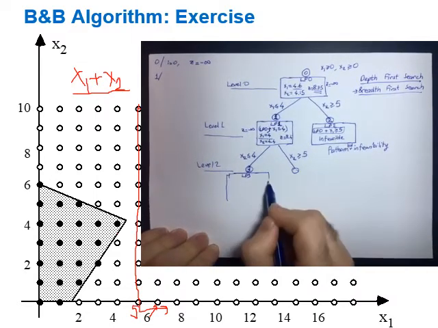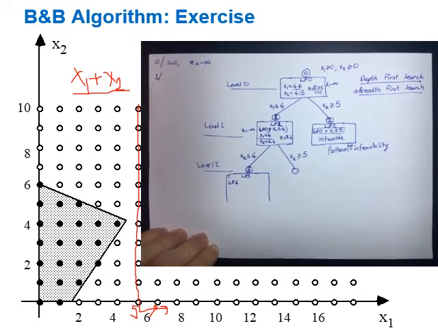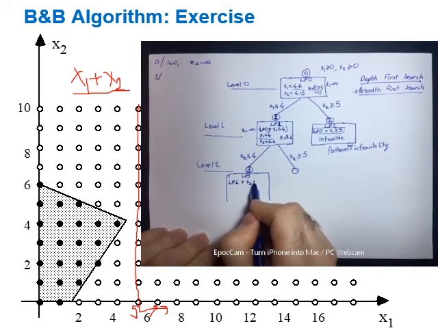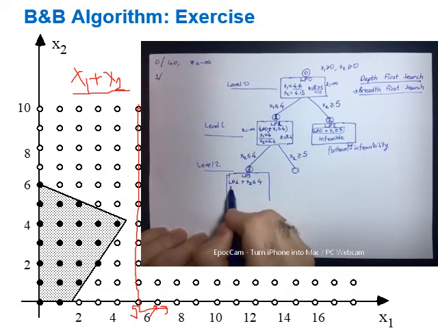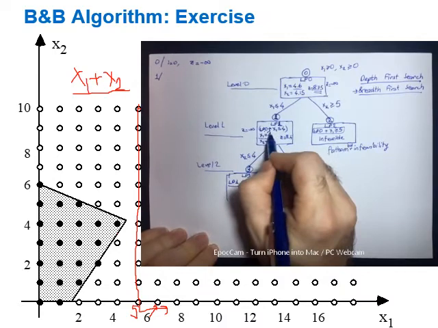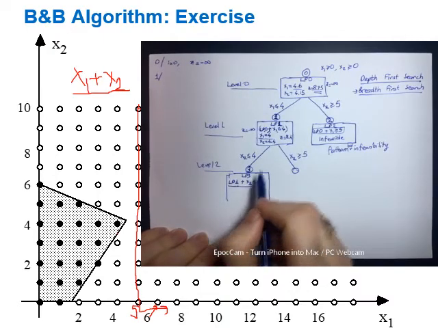And in LP3, what do I have? I have the region of LP1, and on top of it, I add x2 less than or equal to 4 as a constraint. Remember, LP1 was LP0 plus x1 less than or equal to 4. So the constraints that I am adding to a branch go like this.